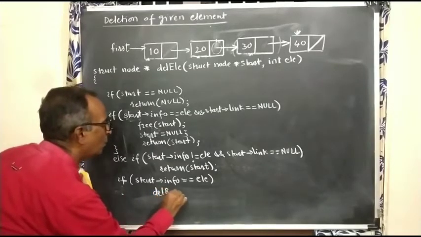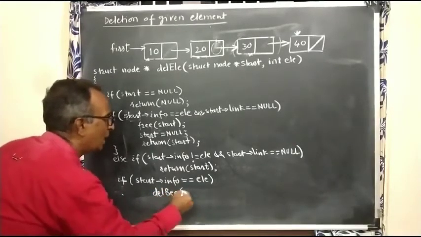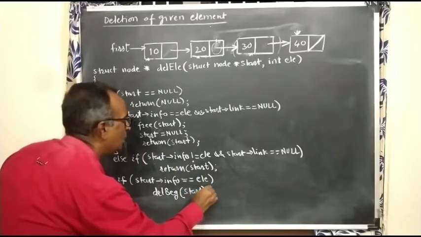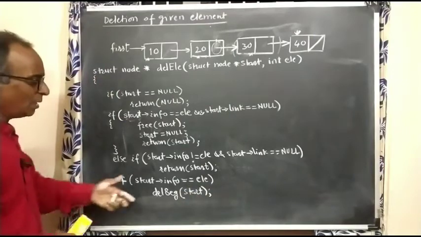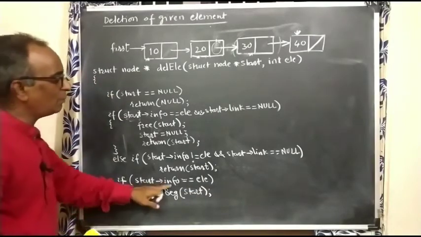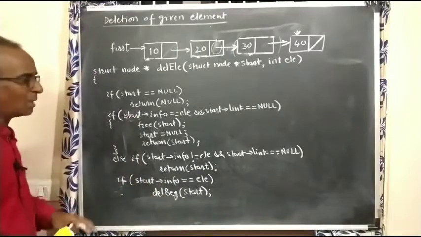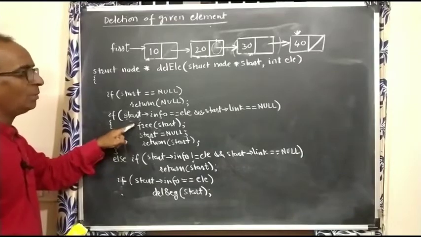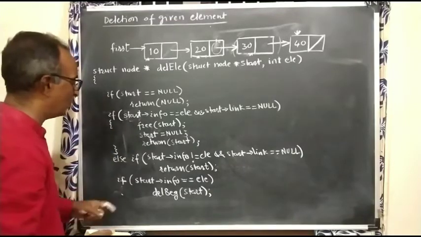Whatever you have written, however you have written it, accordingly you have to pass this, that's it. So you can reuse whatever functions you have written earlier. If start info is equal to element, delete beginning start. You can even call this delete beginning here also, there is no problem.